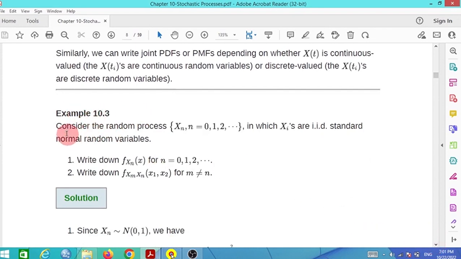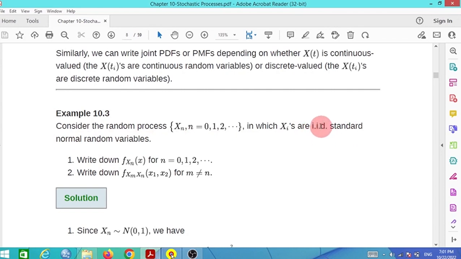Consider an example. Consider the random process X_n. N can take 0, 1, 2, and so on, n is the index set, in which the X_i are iid standard normal random variables.